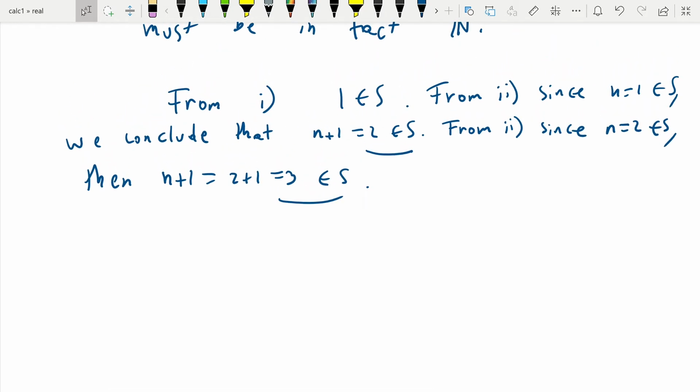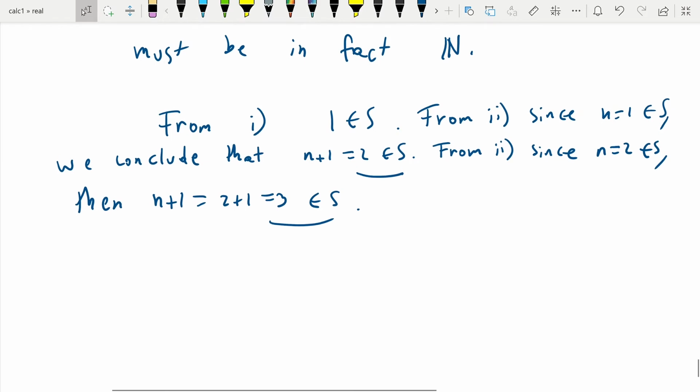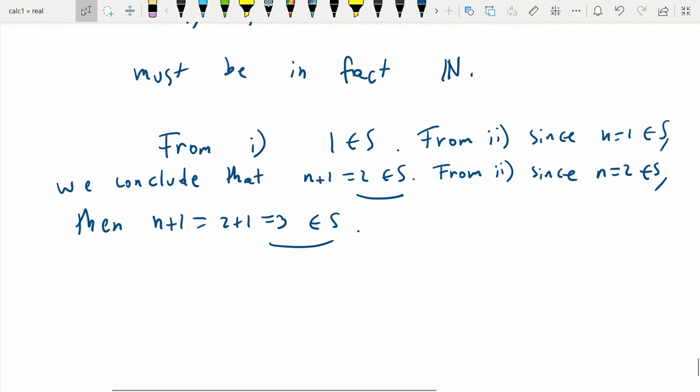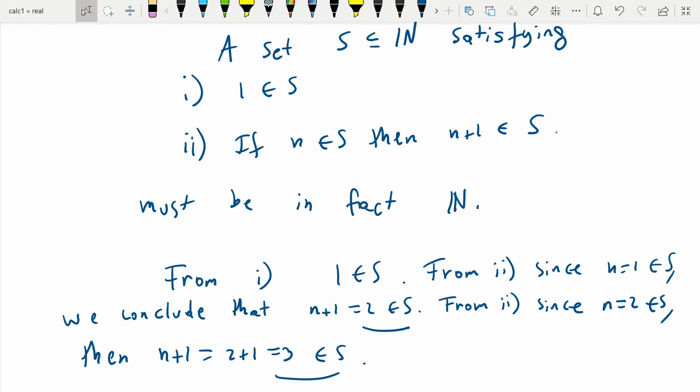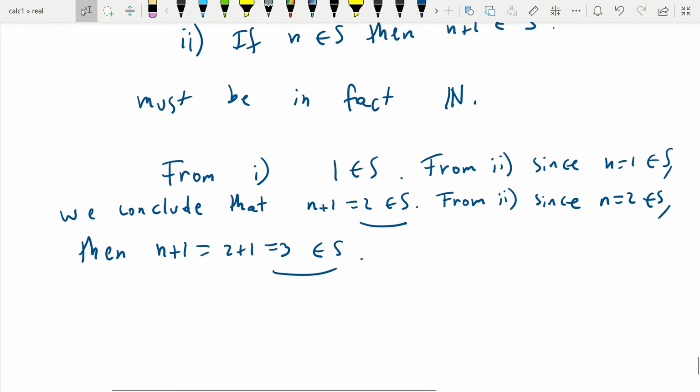The idea is that once you know that one element is in there, and that once you have an element there, the next one is also inside the set S, then you can generate all the natural numbers starting from the first element. So if you have property 1, that 1 is in S, and the second property, that n in S implies n plus 1 is in S, then you get all the natural numbers.